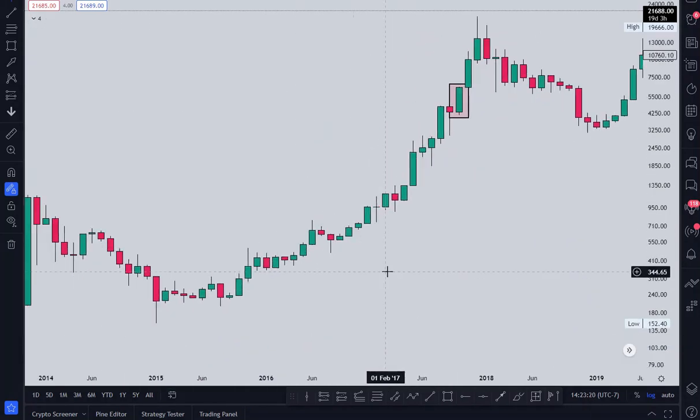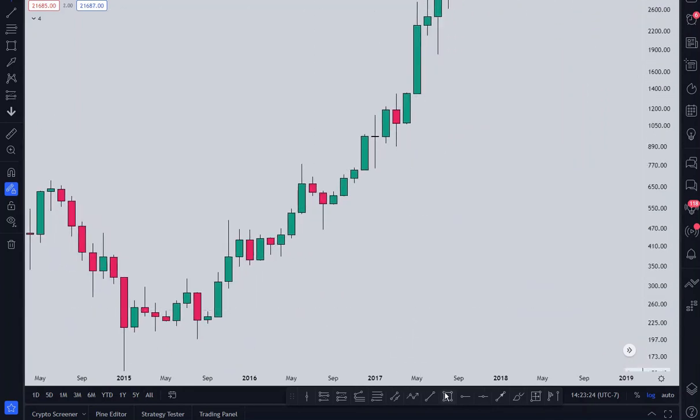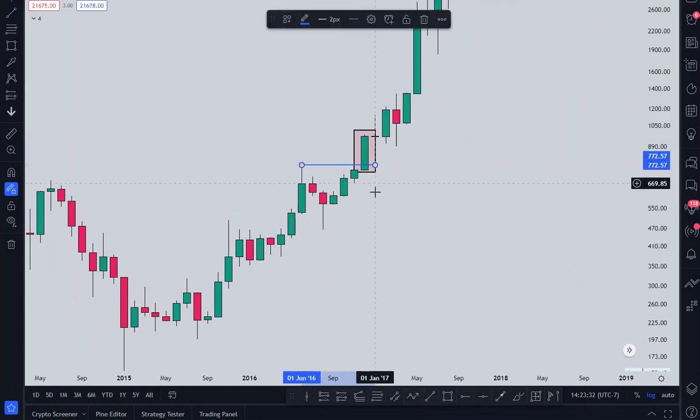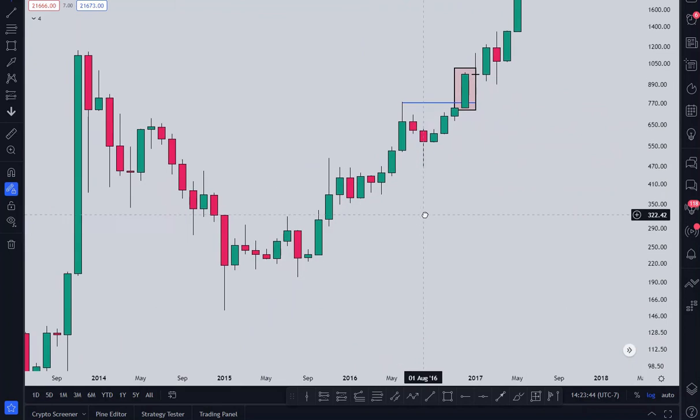And this is another bullish one. This bullish Marubozu appears right here. It was the previous high, and this resistance breaks with a Marubozu. So it's a strong signal for trend continuation.